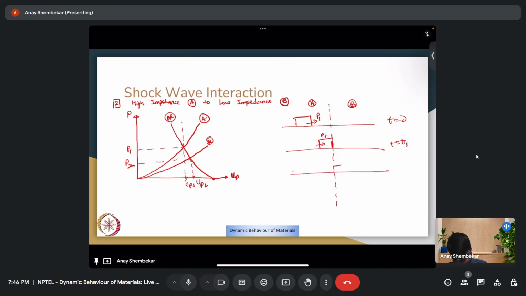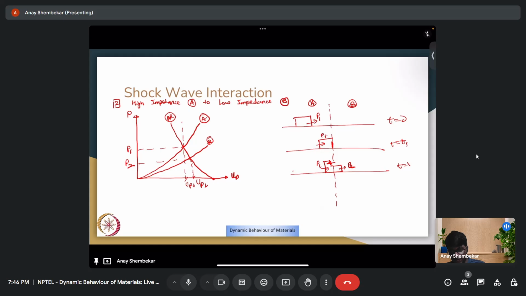Another time you have small P2, a larger P1 minus P2 being reflected in the opposite direction. This is still P1 coming up, so some amount of reflection coming back before the end of the pressure pulse in medium A itself.